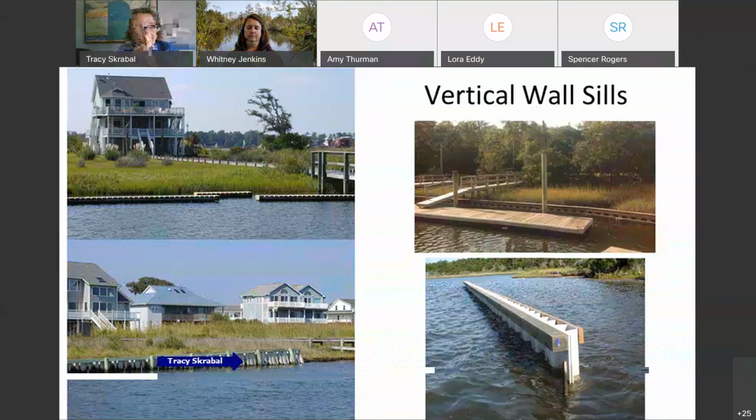This is a site on Albemarle Sound in the Kitty Hawk area, built and designed by the property owner himself, who is a builder. And this is at the high energy end. I like this structure because it met what he wanted to do, which was reestablish these little mini headlands and get that black needlerush and riparian buffer to reestablish.